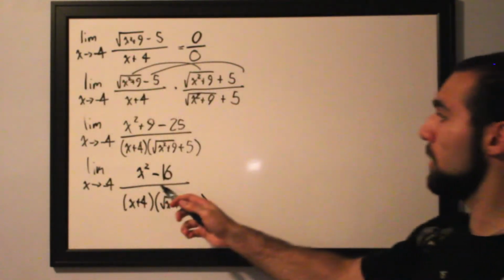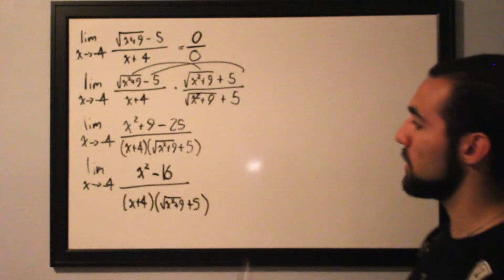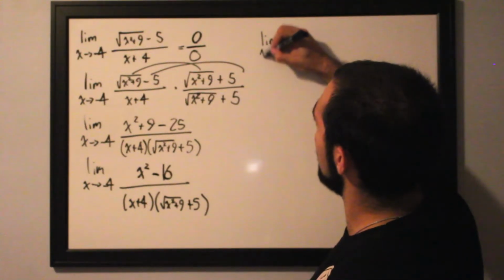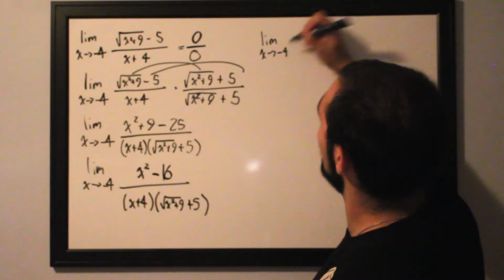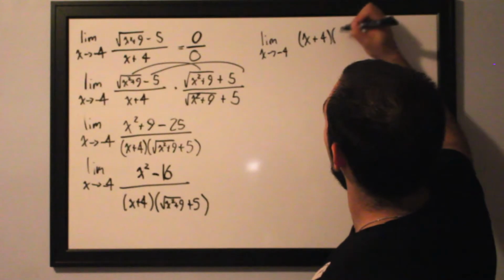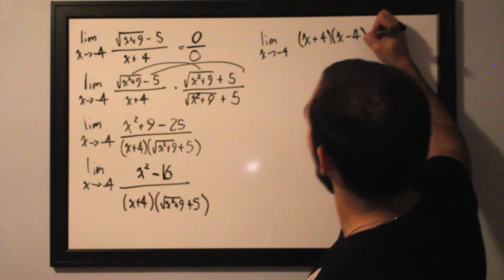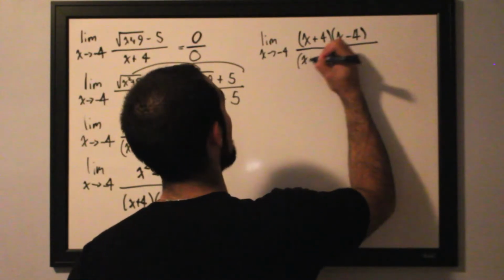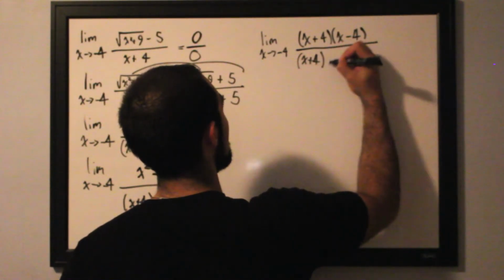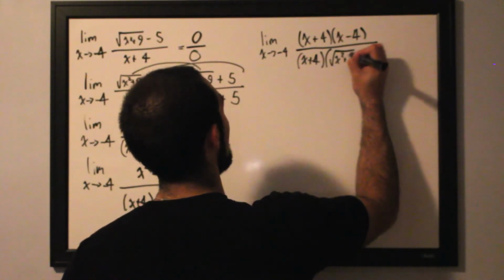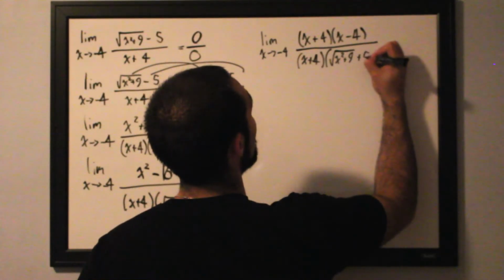And from this we know that this is going to be a difference of squares. This can be factored even further. So we take the limit as x approaches -4 for x plus 4 and x minus 4. And in the denominator we have the same mess as before. This is going to be an x plus 4, and this is going to be a square root of x squared plus 9 plus 5.